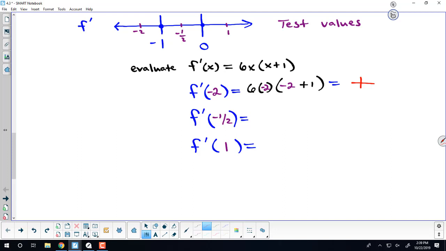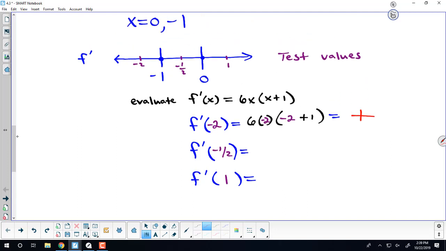What that means is that if we look at our first derivative on the interval from -∞ to -1, the first derivative is positive. So we're just going to put that positive there.